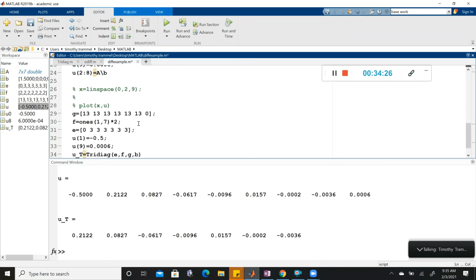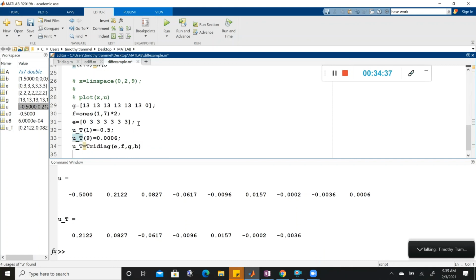Change this to U sub T of 1 and U sub T of 9. And this could be U sub T of 2 to 8. That should give us the same results here. Okay, there we go. Looks good.